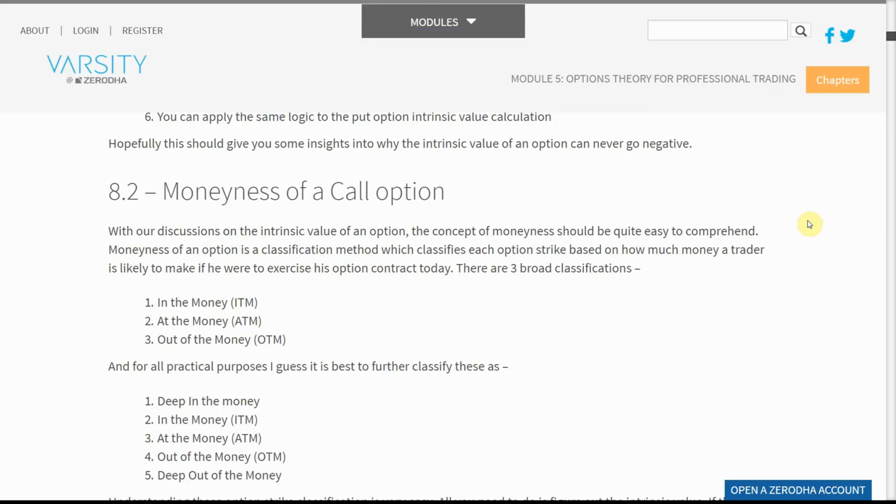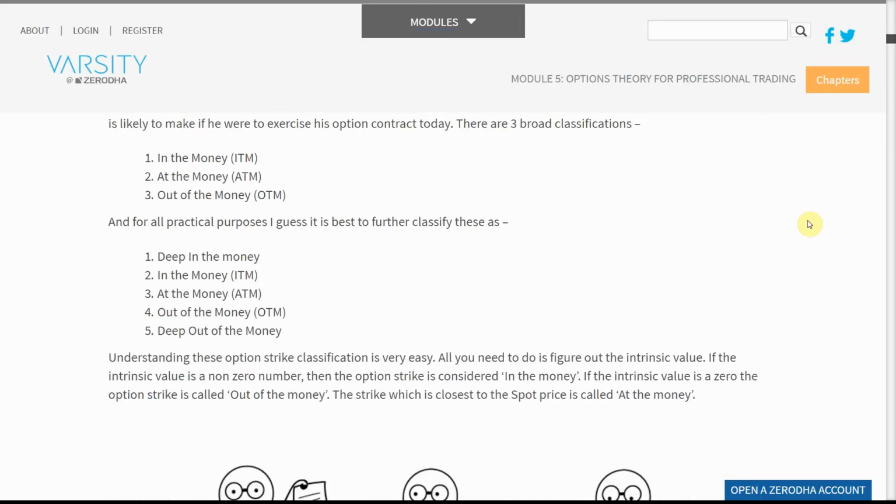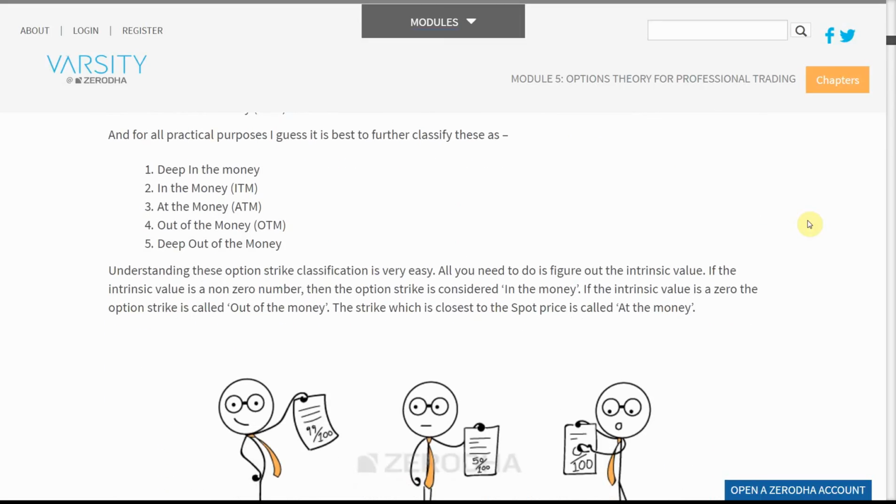There are 3 broad classifications: in the money ITM, at the money ATM, out of the money OTM. And for all practical purposes, I guess it is best to further classify these as deep in the money, in the money ITM, at the money ATM, out of the money OTM, deep out of the money.